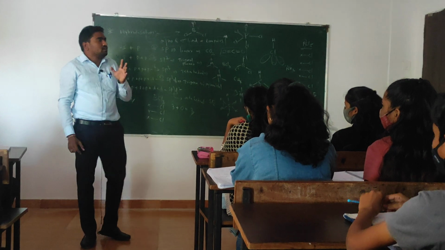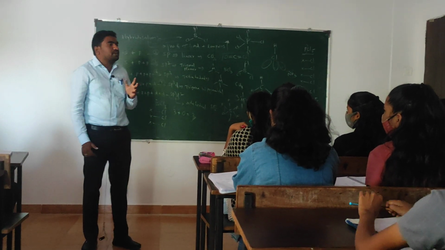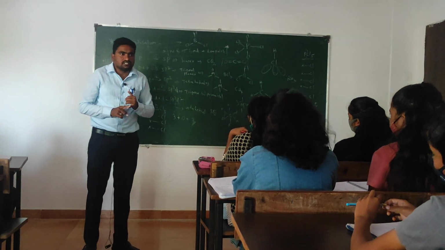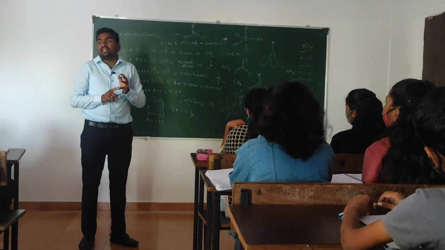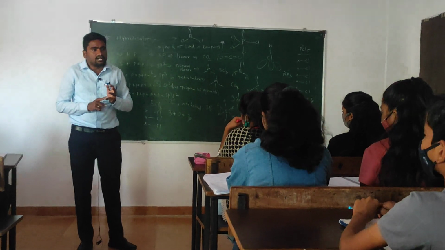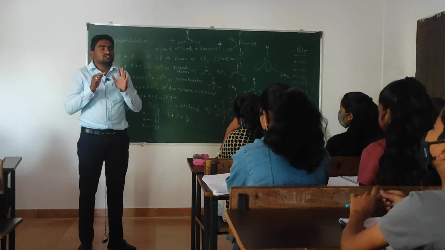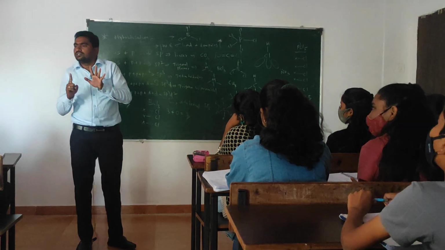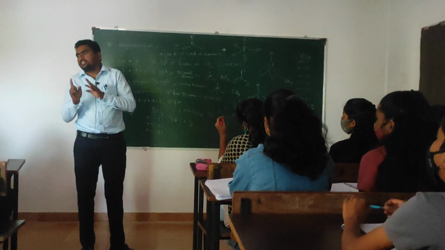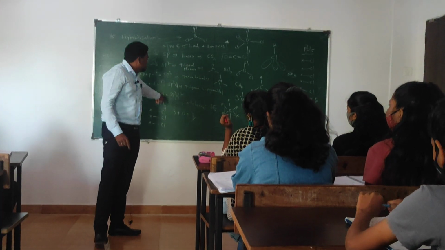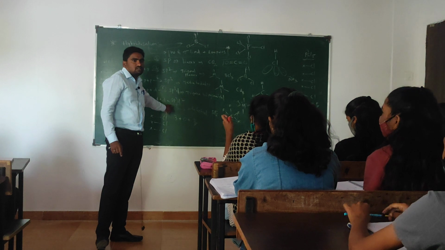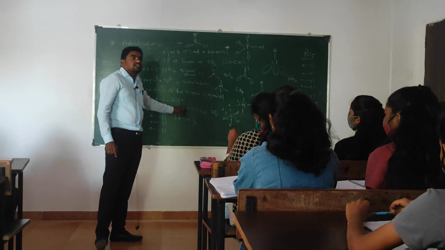Sulfur belongs to which group? Group number 6, so it is surrounded by 6 electrons. How many fluorines are attached with sulfur? 6. So 6 plus 0 lone pairs is 6. 6 means sp3d2 hybridization, and it has an octahedral structure.